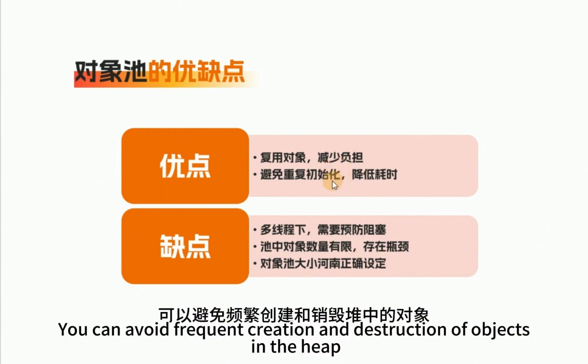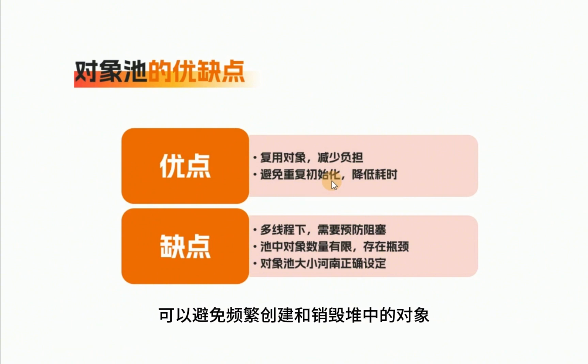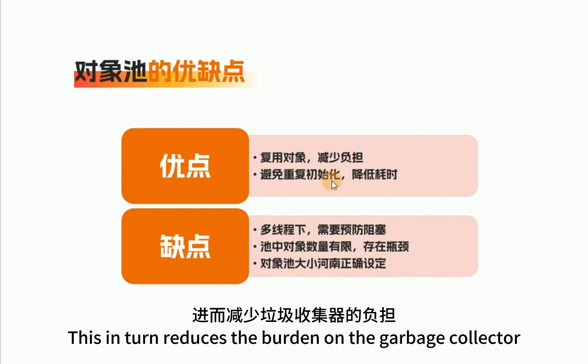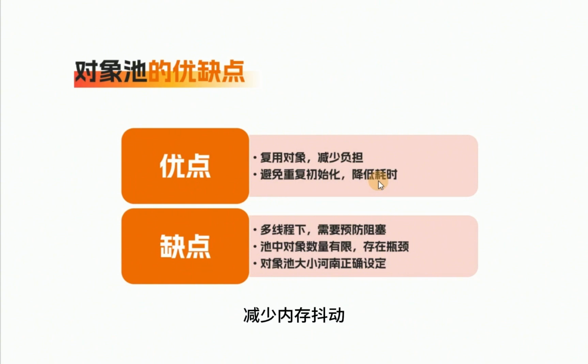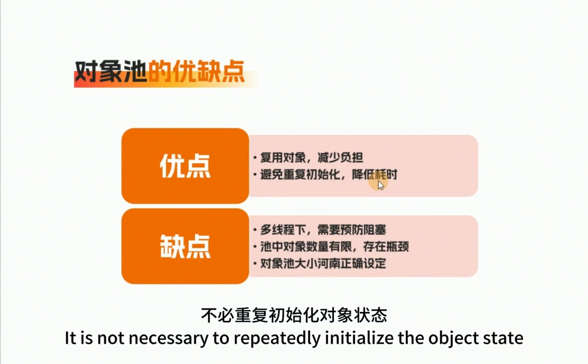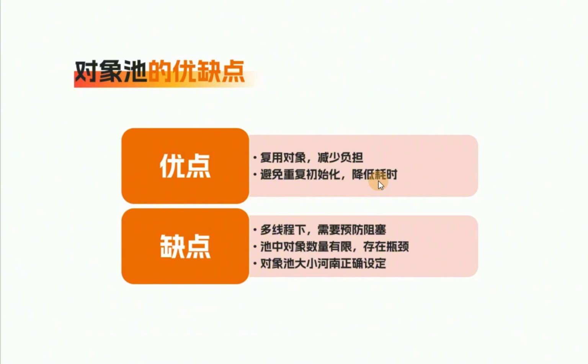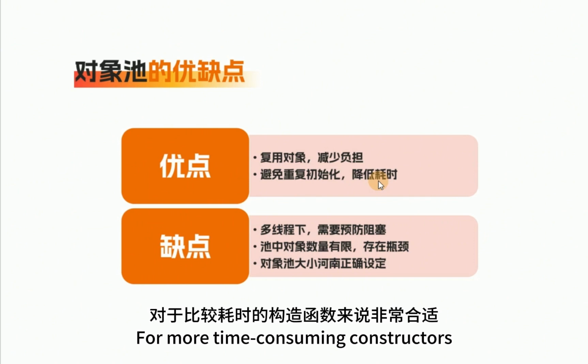You can avoid frequent creation and destruction of objects in the heap. This in turn reduces the burden on the garbage collector and reduces memory jitter. It is not necessary to repeatedly initialize the object state, so it is very suitable for more time-consuming constructors.